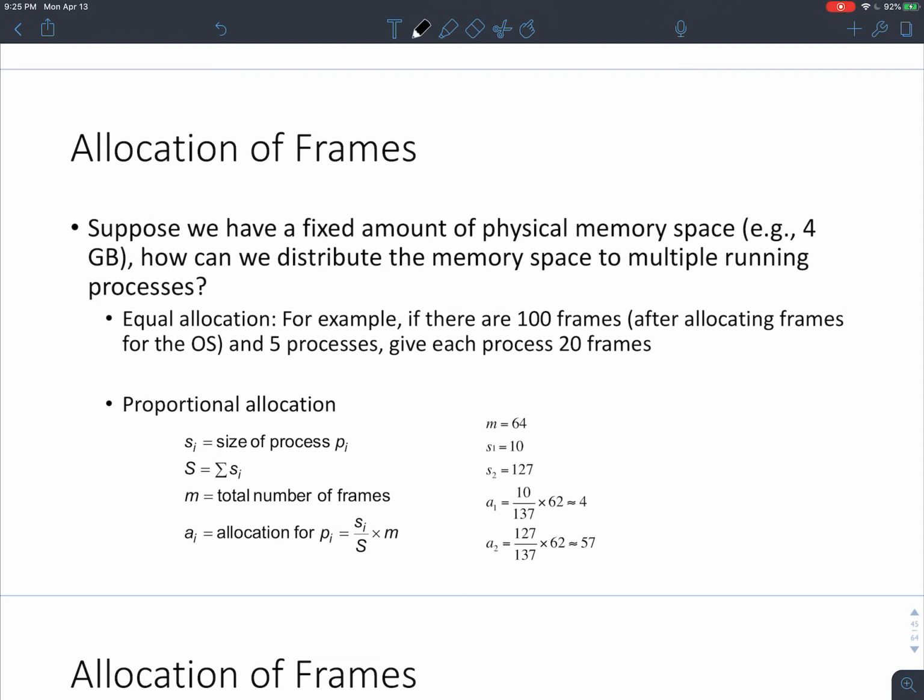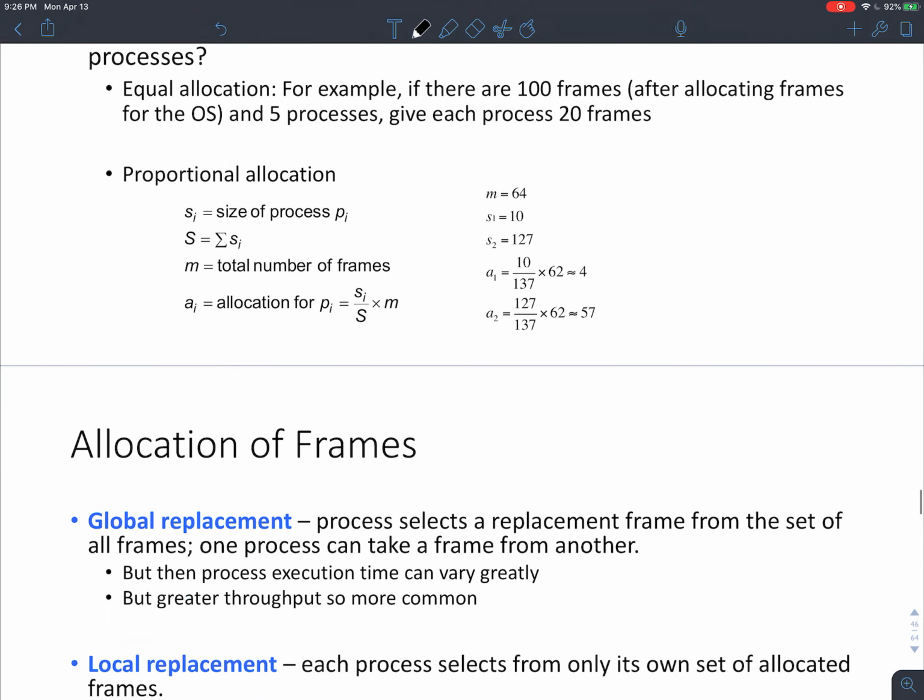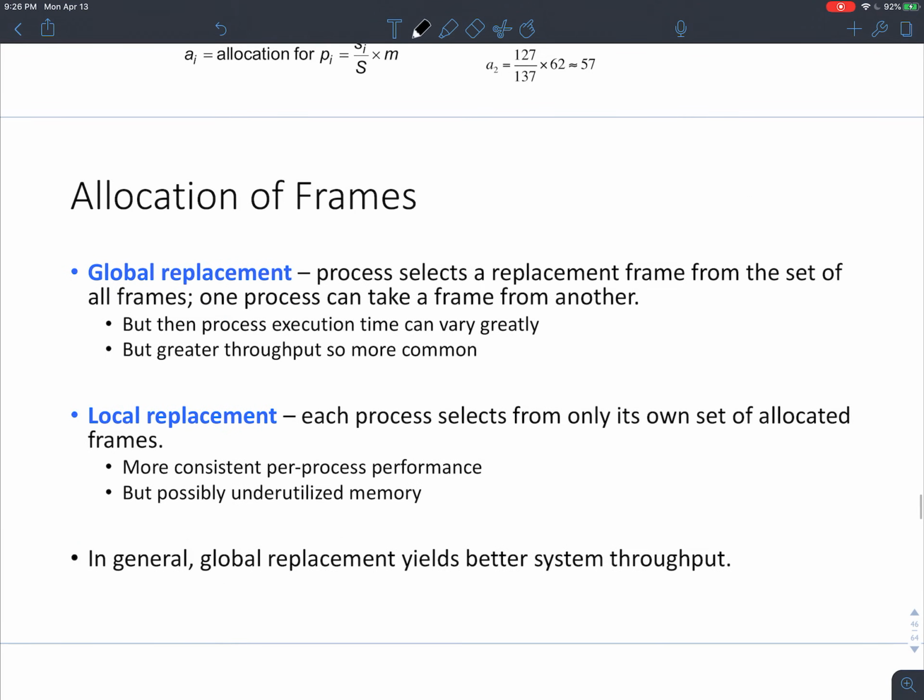Basically, we allocate, for example, if there are only 100 frames in the physical memory and there are 5 processes, we allocate 20 frames to each process, and this is pretty naive.